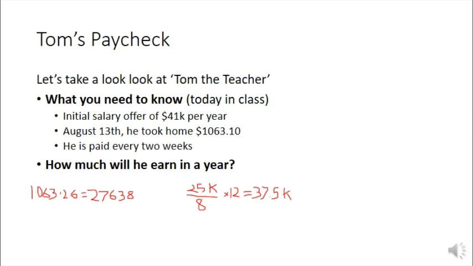These deductions aren't necessarily stable throughout the year. They can change throughout the year. In particular for Tom the teacher, we're going to see he only pays union dues during the school year. So let's now take a look at his actual paycheck and try to figure out how much he's taking home in a year so we can budget for him.